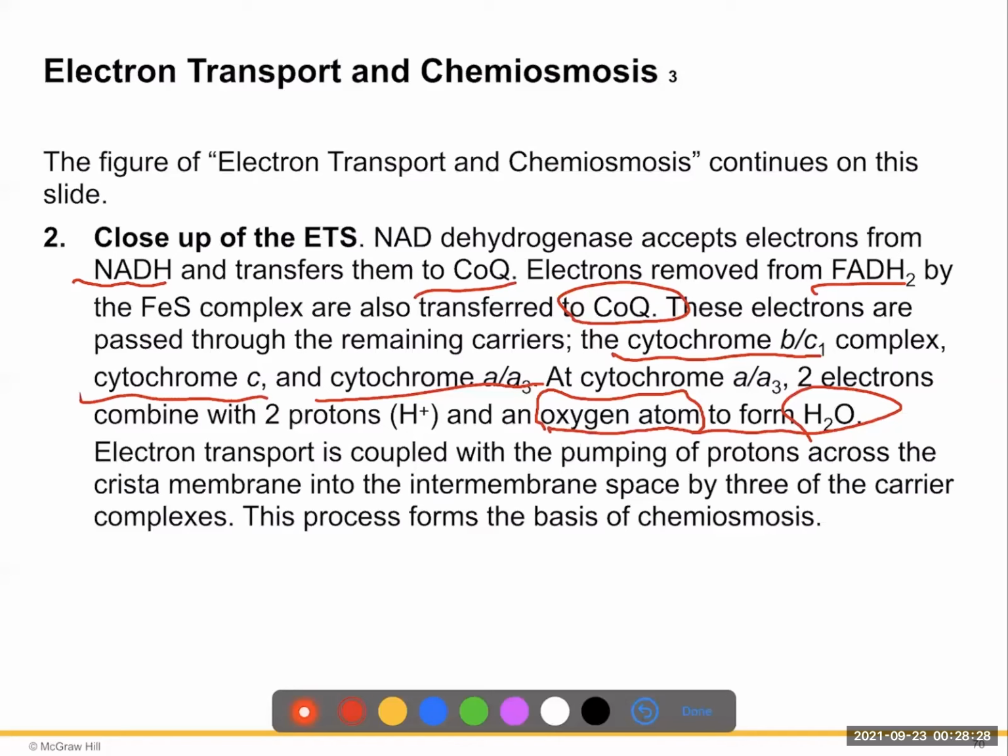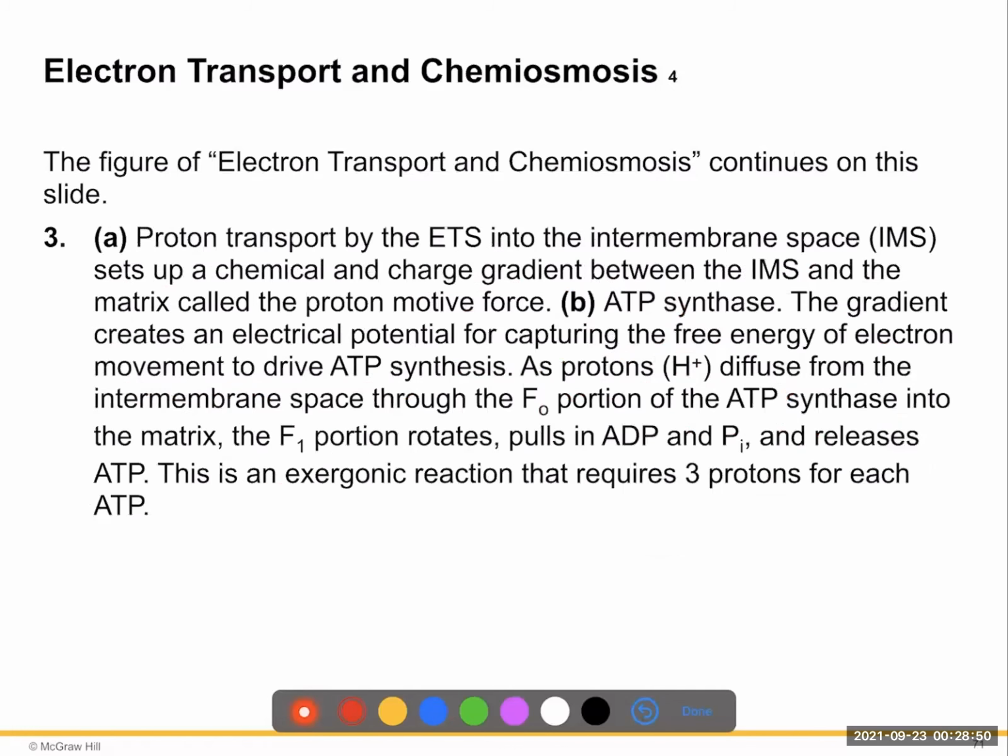That's where they're carrying from the NAD to NADH. Okay, across these cristae membranes in the mitochondria and into the inner membrane space of the mitochondria, by these carrier complexes. This forms the basis of chemiosmosis, this formation of these solute particles inside that inner membrane space. Okay.